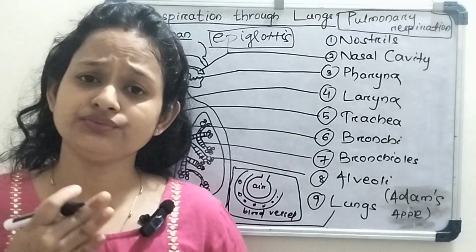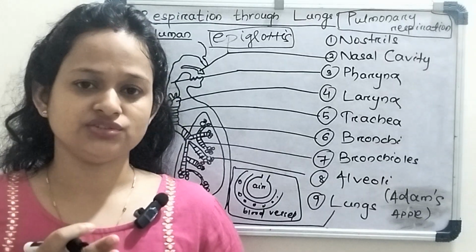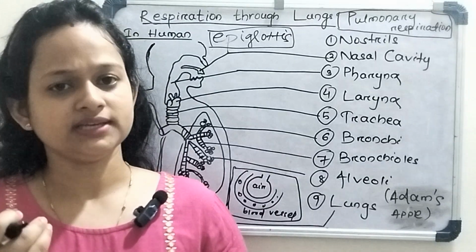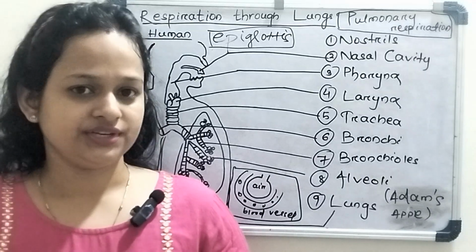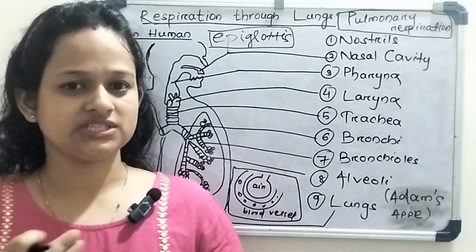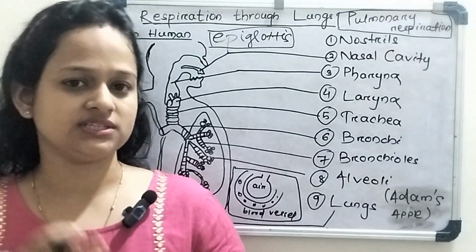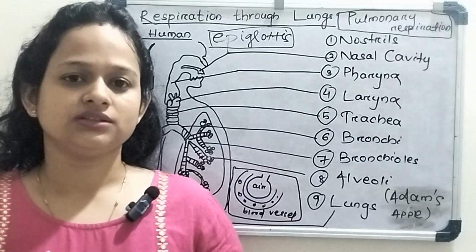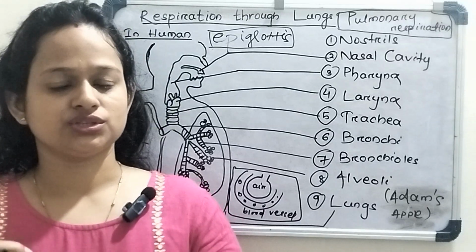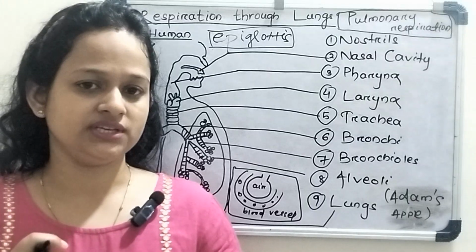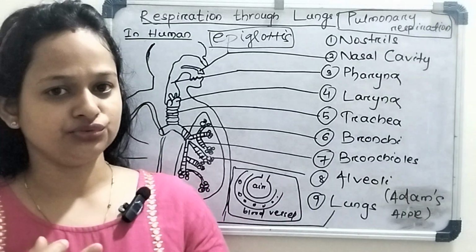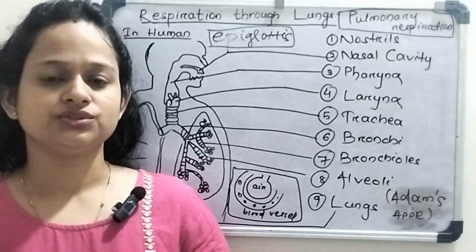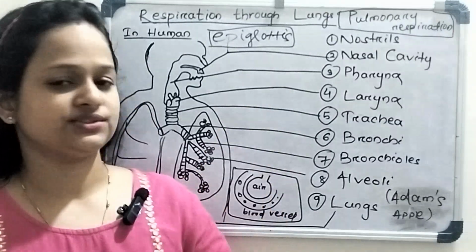Due to this separation, we can take food and air simultaneously. In the nasal cavity there are also ciliated epithelial cells and mucus secreting cells. The cilia and the mucus prevent the entry of germs and dust particles into the lungs.